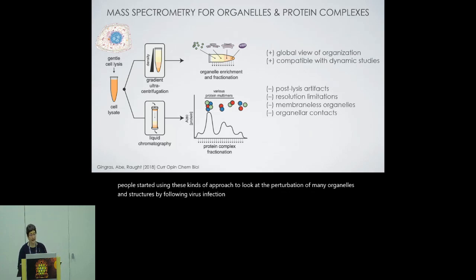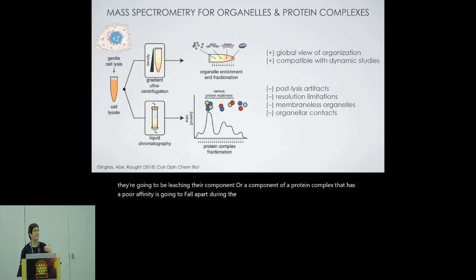However, there are many drawbacks. One of those drawbacks is that, by the fact that you must lyse the cells and try to keep the things you are interested in profiling intact, you will get post-lysis artifacts. Most often you have loss of association. Some of the organelles will get a little bit porous and leach their components, or a component of a protein complex that has a poor affinity is going to fall apart during the purification.